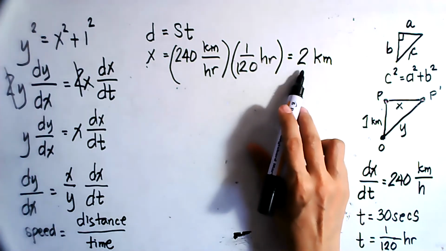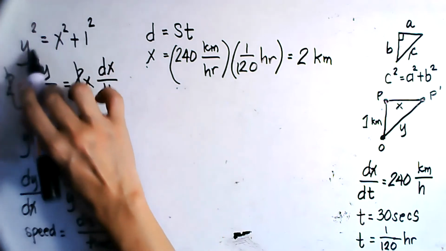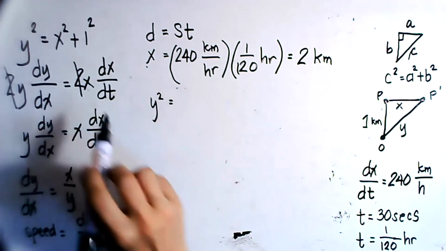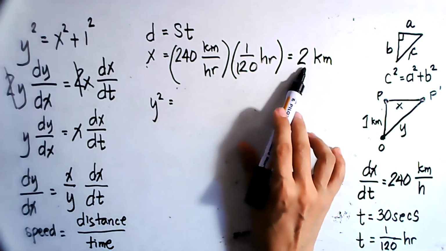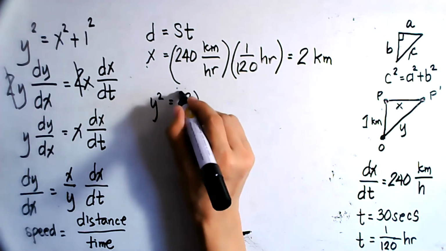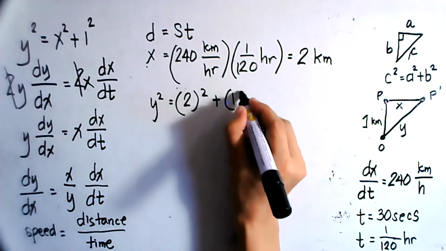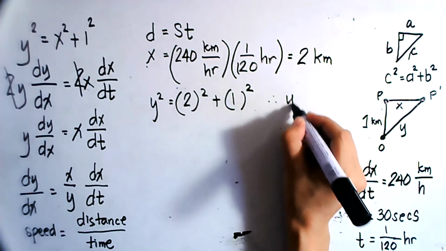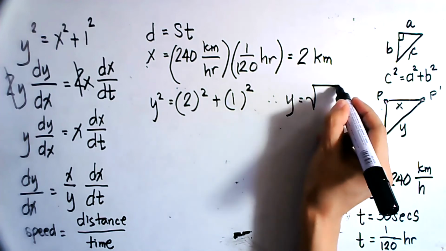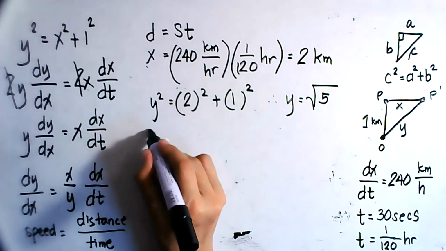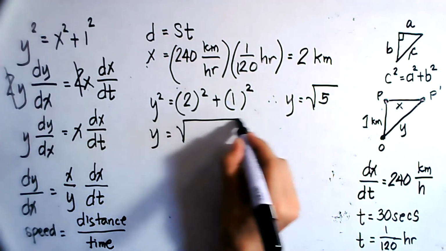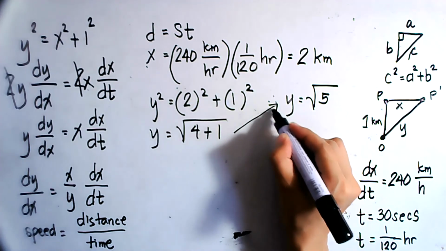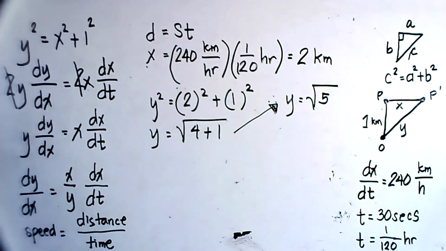So we can make use of the value of x here to determine the value of y. y squared is equal to x squared, that is 2 kilometers squared, plus 1 squared. And that simply means the value of y is equal to the square root of 5, from y equals the square root of 4 plus 1.